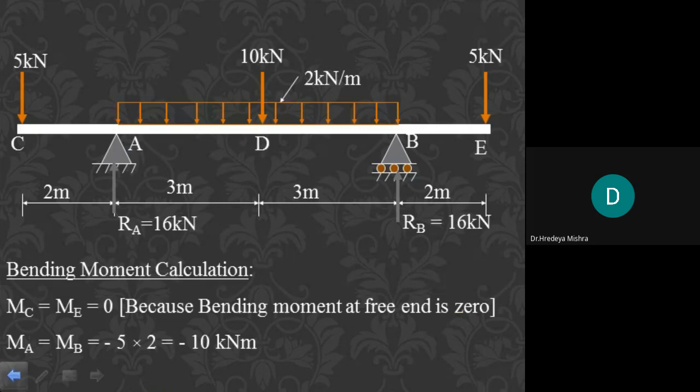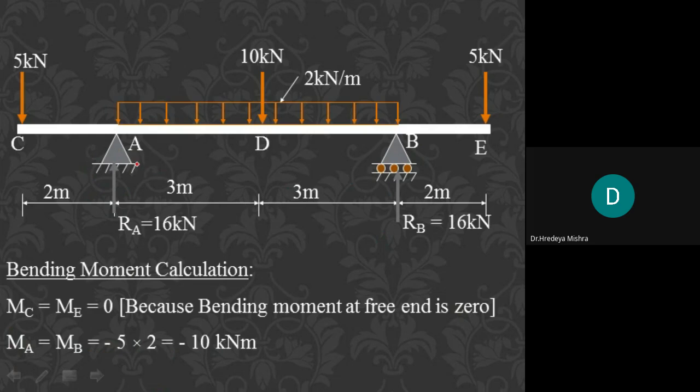Next, what is MA equal to MB? We have to get the supports here. So we can say minus 5 into 2, that is minus 10. MA and MB calculated.